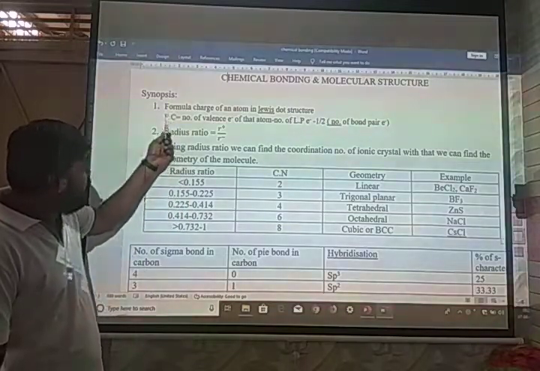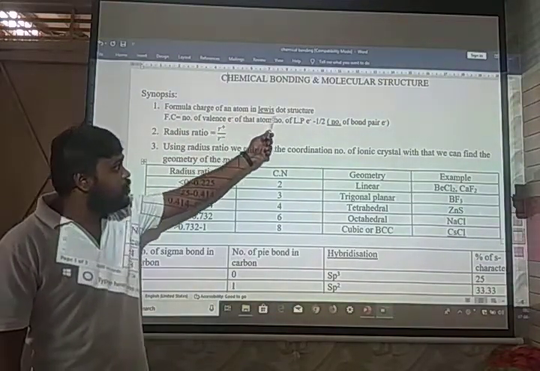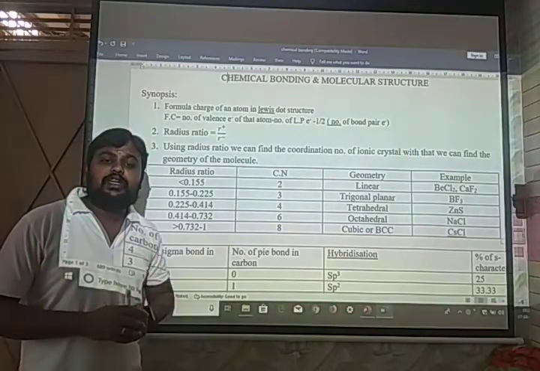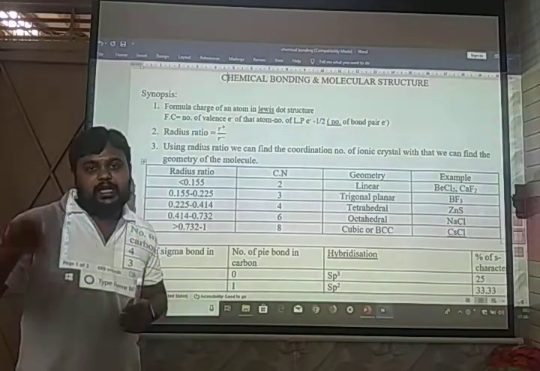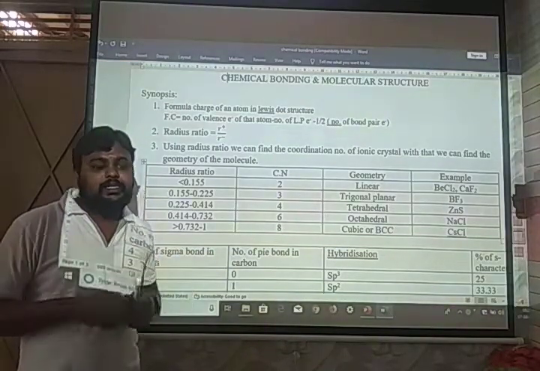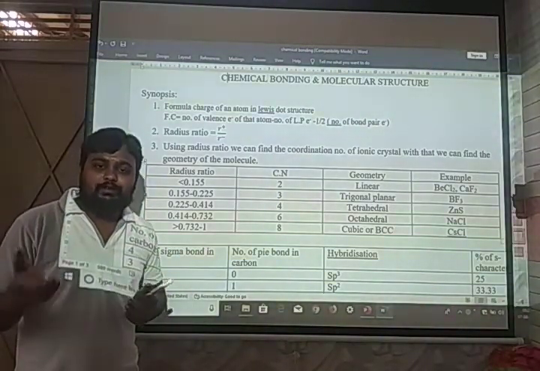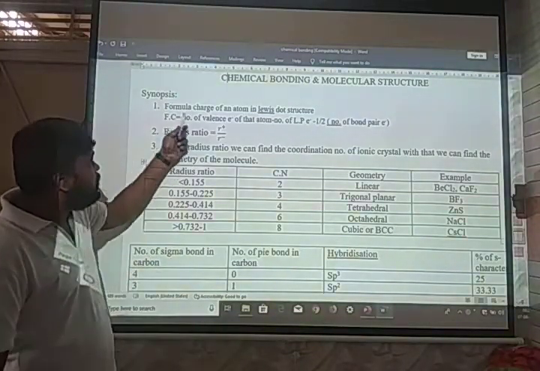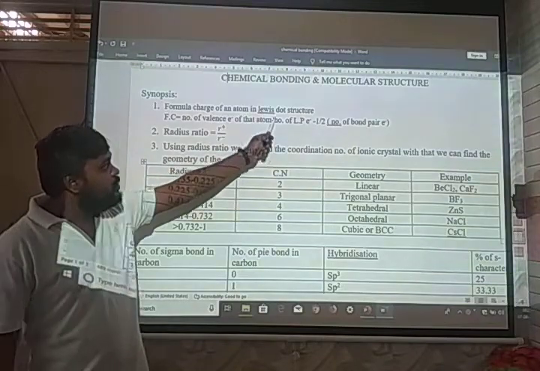The first point here is the formal charge of an atom in the Lewis dot structure. How to write the Lewis dot structure? First you have to write the valence electrons of an atom of an element. Then we have to bond it. Using that we can find the number of lone pairs, number of bond pairs and so on. And you can find the formal charge of an atom in the Lewis dot structure.